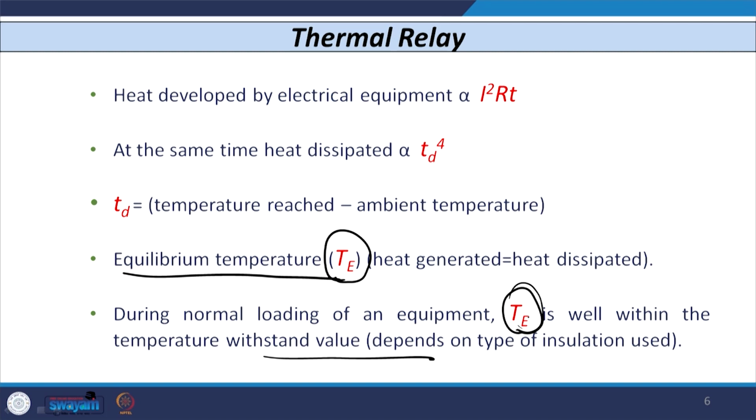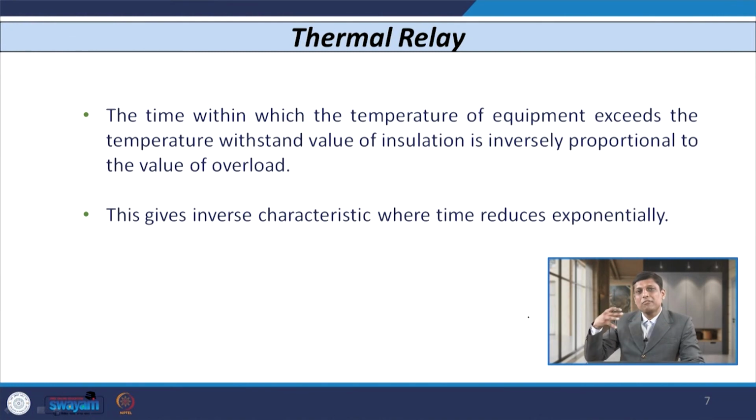Now, the time within which the temperature of equipment exceeds the withstand temperature of insulation is inversely proportional to the value of overload. So, the higher the percentage of overload, the lower is the time taken to reach that temperature, so both are inversely proportional.